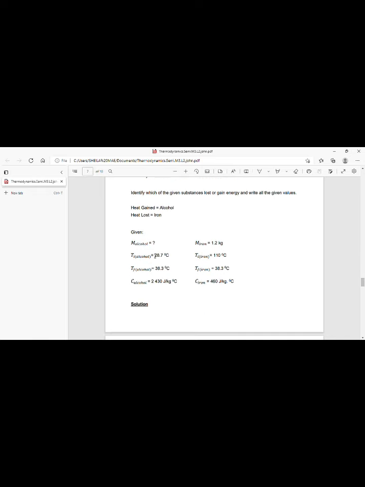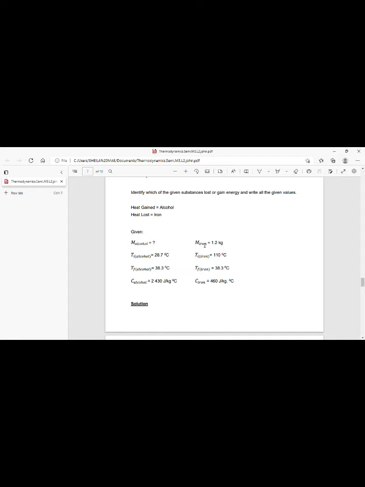Given the mass of alcohol we're missing, the initial temperature of the alcohol is 28.7 degrees Celsius. The final temperature of the alcohol is equals to 38.3 degrees Celsius. The specific heat of the alcohol is equals to 2,430 joules per kilogram degree Celsius.